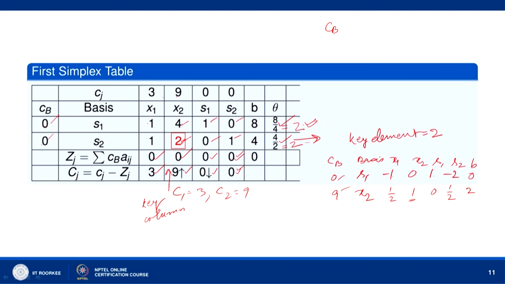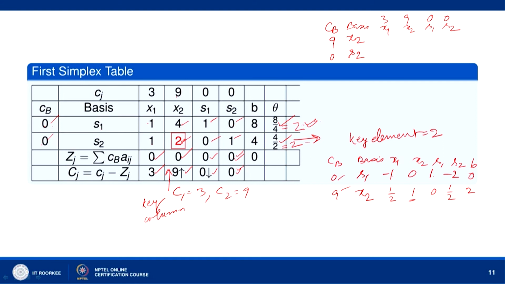The coefficient of x2 is 9. So, we have 9 0, and the basis will have x2 here, coming in place of s1, and we have s2 here. And we will have here 3 9 0 0 for x1 x2 s1 s2.